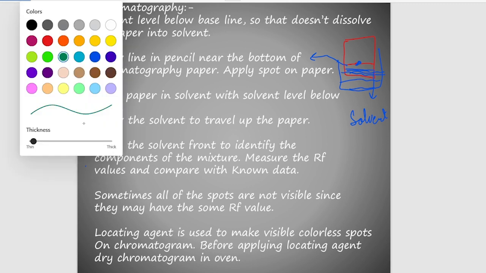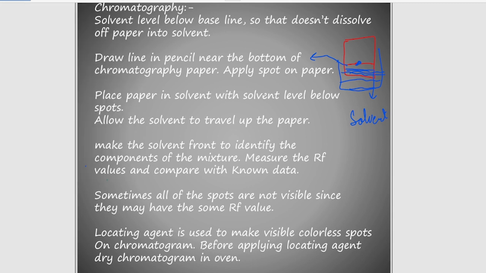Allow the solvent to travel up the paper. Mark the solvent front. At the last, we have to draw the solvent front. This one is the solvent front at the top of the chromatography paper. So here is the solvent front. Mark the solvent front to identify the components of the mixture, measure the RF values and compare with known data.